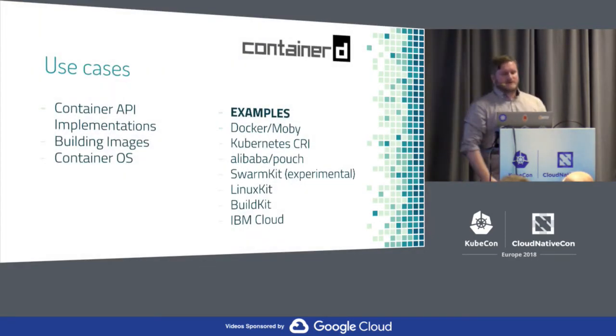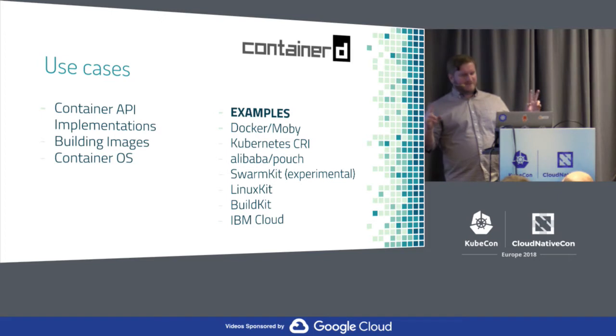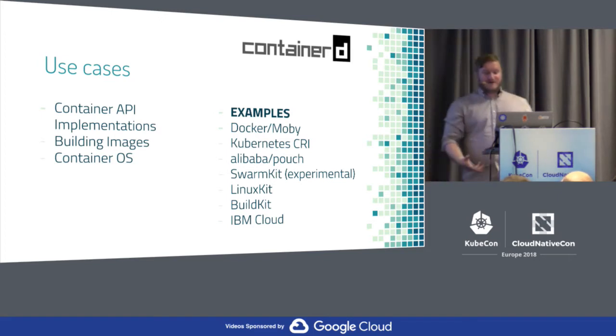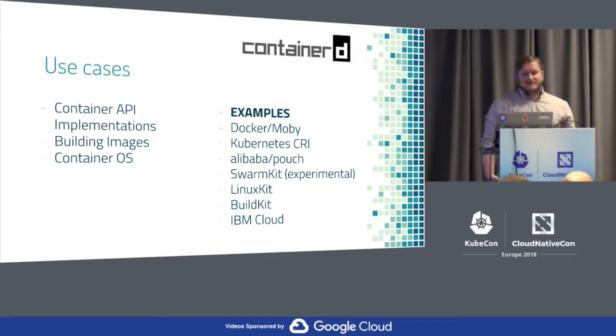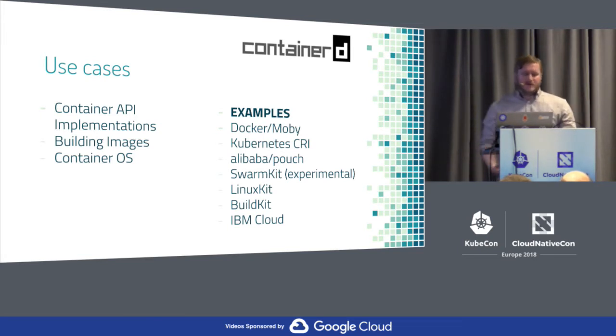The kinds of use cases that Containerd fits into is this big umbrella of container API implementations. We can put Docker Moby under there, Kubernetes CRI, Alibaba Pouch has been cropping up lately, that's an interesting project, and also SwarmKit and other stuff.